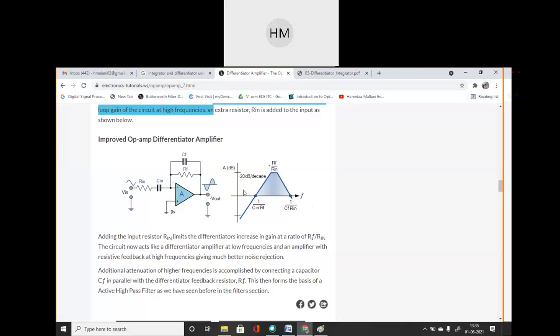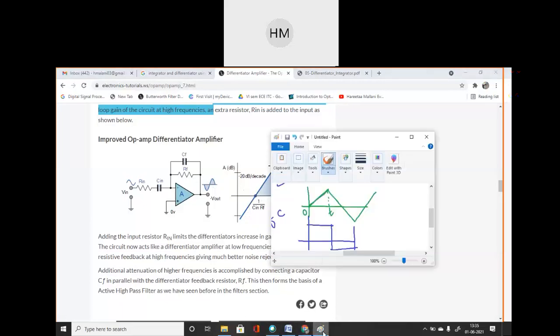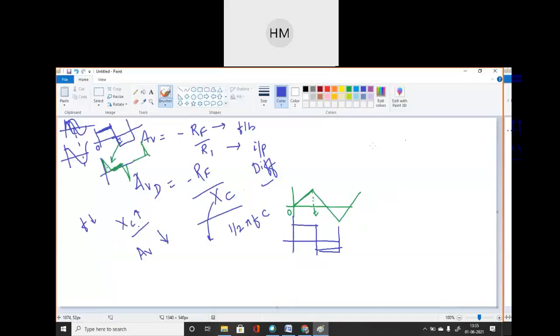So this is my differentiator circuit, and see, students, this circuit can be used as an active high pass filter. Do you know what a high pass filter circuit is? High pass, HPF. It's a filter. A filter is a frequency selective circuit. High pass means that higher frequencies are passed and lower frequencies are attenuated.